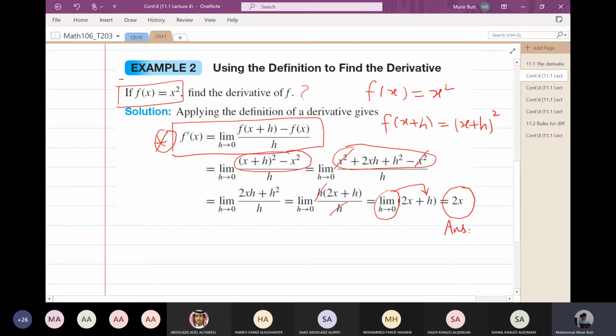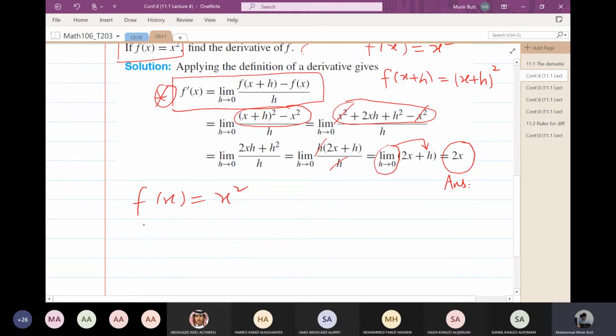from which we can see that the derivative of f(x), so if we have f of x equal to x square, then its derivative f dash x is simply given by the power rule. So what this means: if you have x to the power n and we want to take its derivative d over dx, we will see that there are different notations.